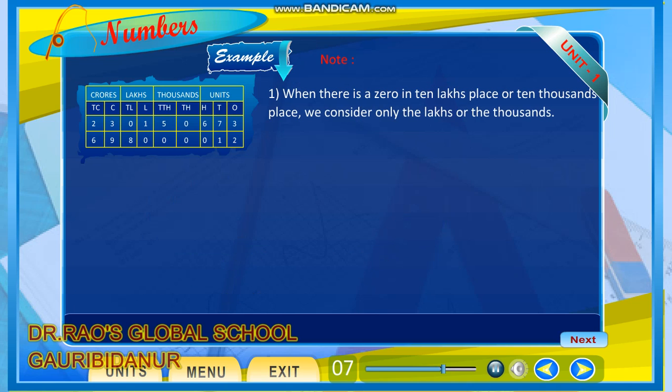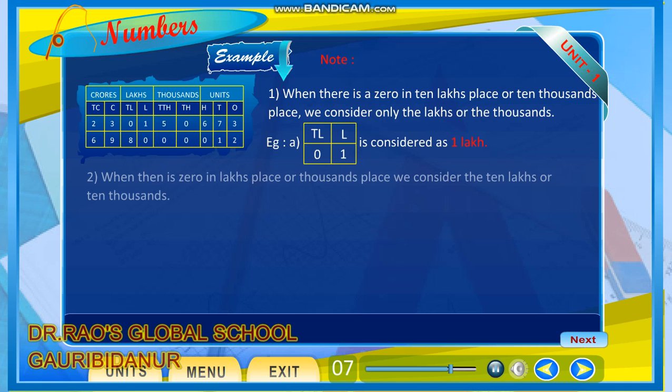Note, when there is a zero in the 10 lakhs place or the 10,000s place, we consider only the lakhs or the thousands. Example A. 10 lakhs: 1, 0 is considered as 1 lakh. When there is 0 in the lakhs place or the thousands place, we consider the 10 lakhs or 10 thousands.